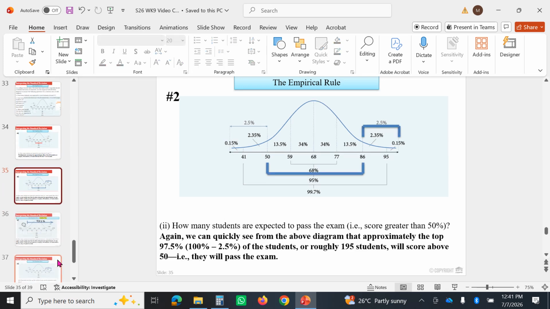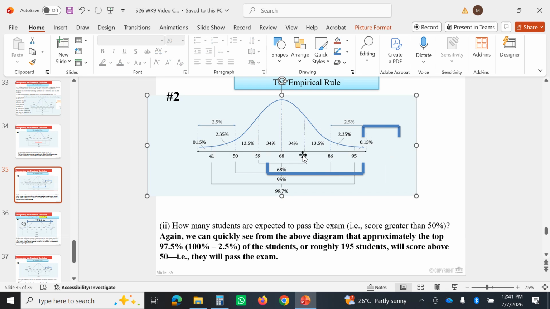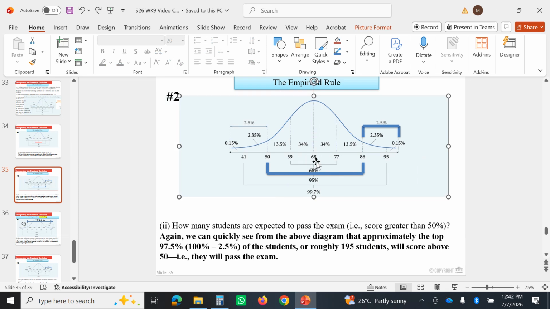Okay. Question number 2, how many students are expected to pass the exam? So where is pass? These are my real marks, right? Down here, that's my mean, 68. That's the average score, 59. Oh, there's 50%. So that's a pass.